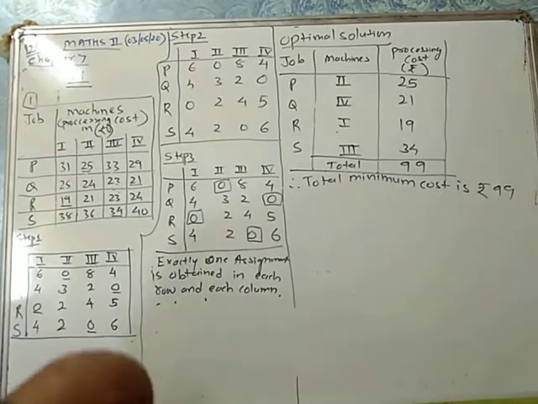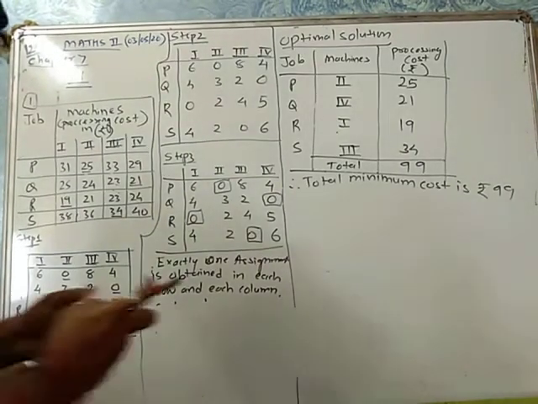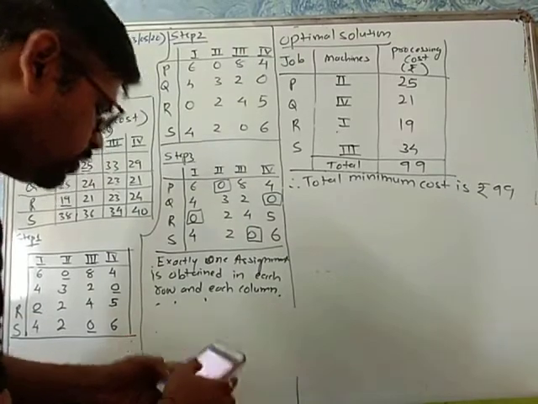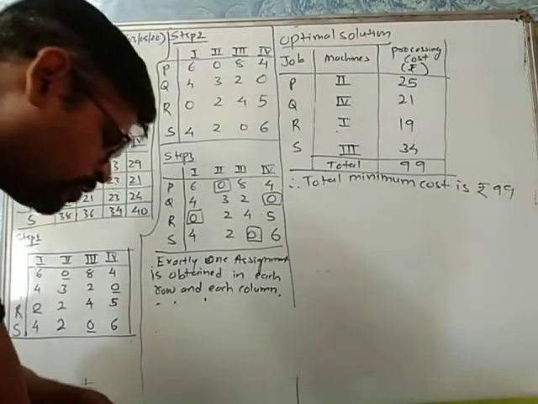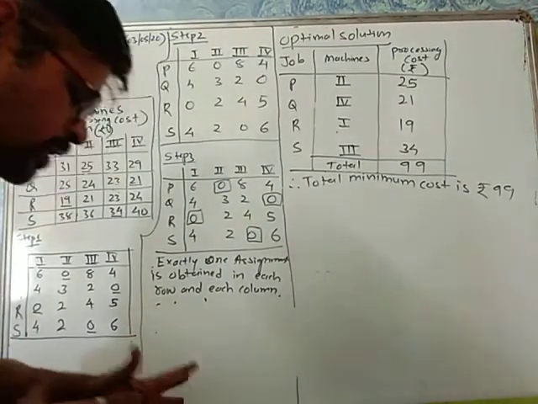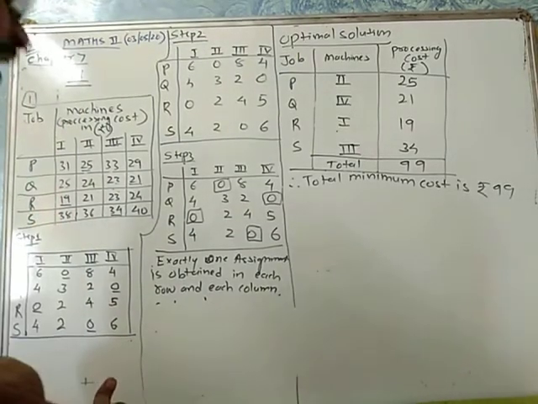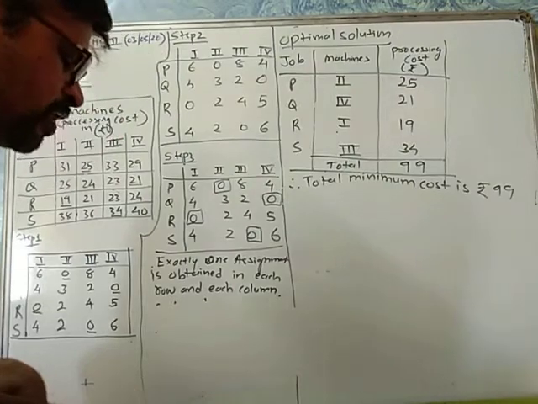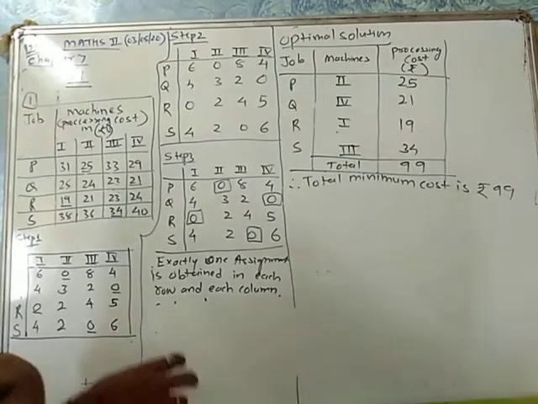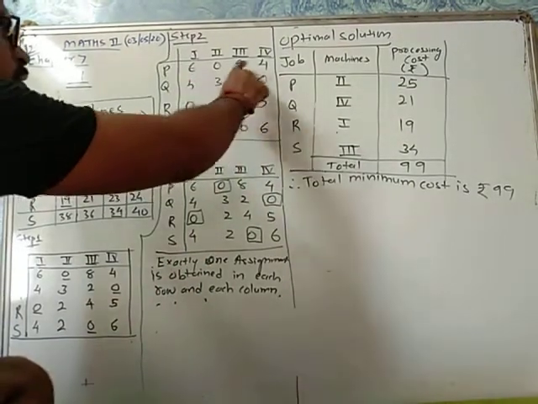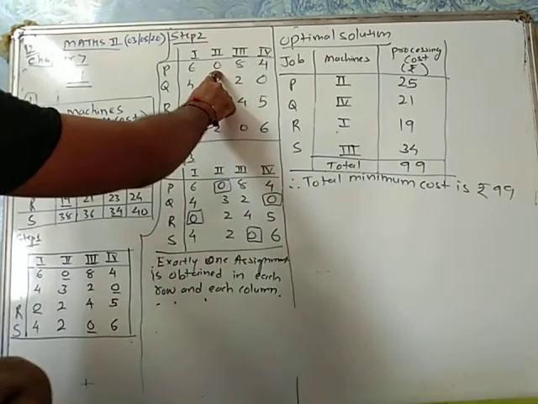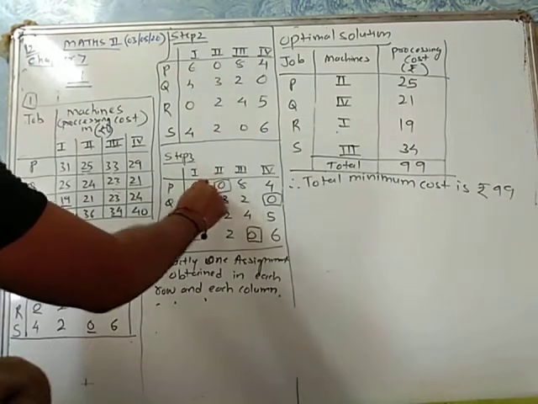Now step 3. You have to examine each row and find the row with the single 0 and mark it, and cancel all the zeros in that particular row and column. That means you examine the row, and where there is a single 0 you should mark an assignment.